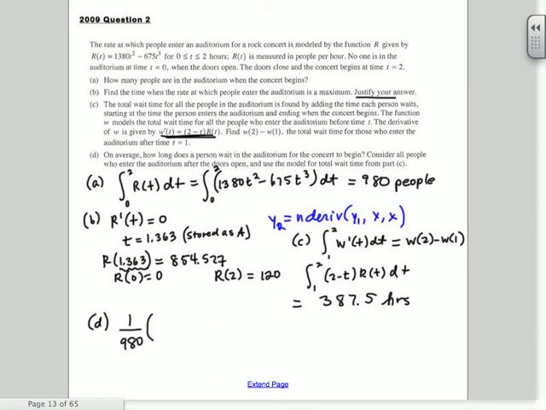We want to find W2 minus W0, right? So this is the total hours divided by the number of people that enter during that time from part A. All right, so I have 1 over 980. I'm going to integrate from 0 to 2, W prime of t dt.